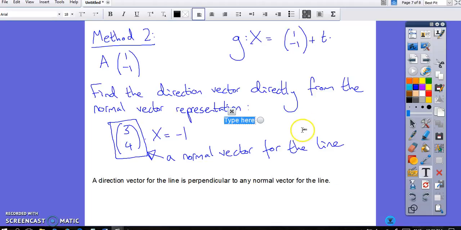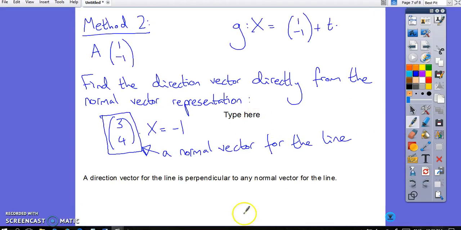If you imagine that your line goes like this, then a direction vector for the line goes in this direction, or of course in this direction, and the normal vector to the line, because it's perpendicular to the line, will always be perpendicular to those vectors. So my only job here is to find a vector perpendicular to the normal vector.